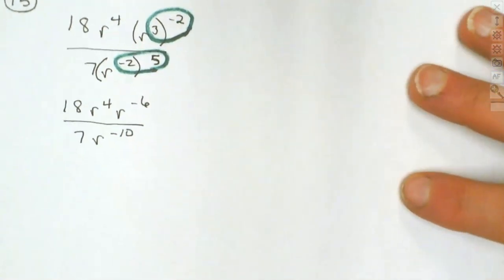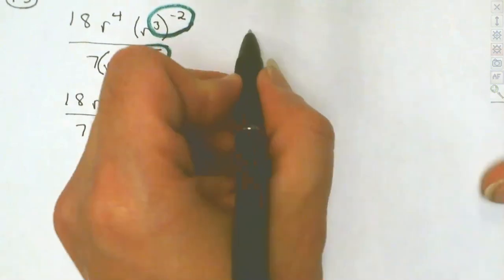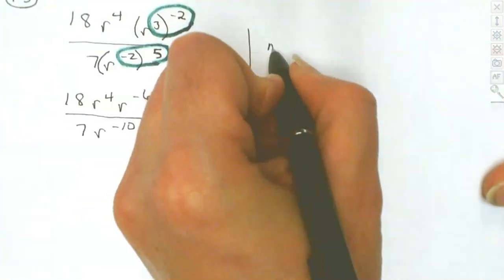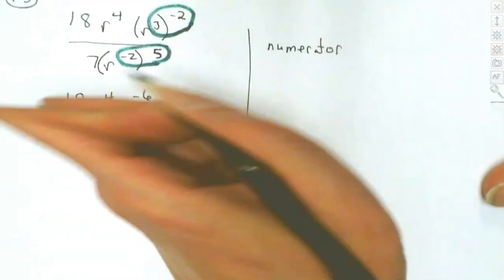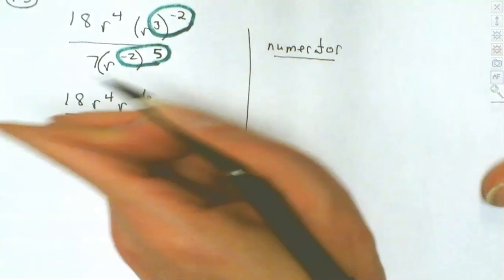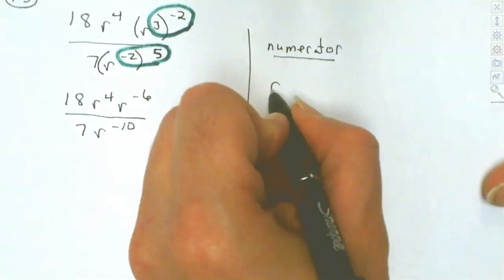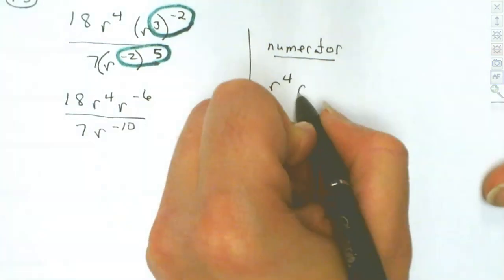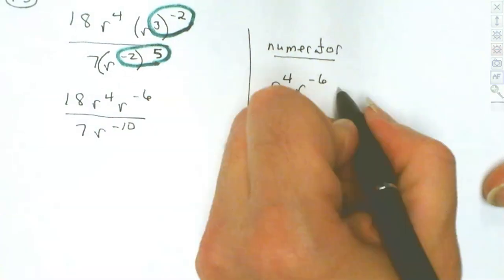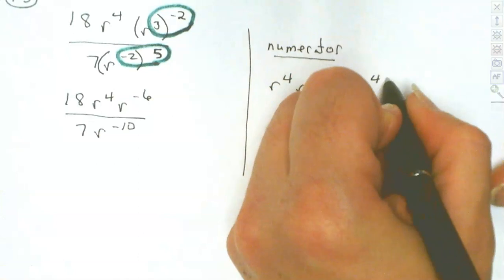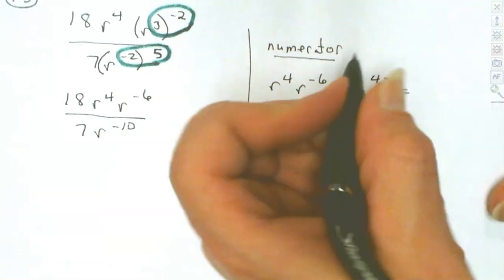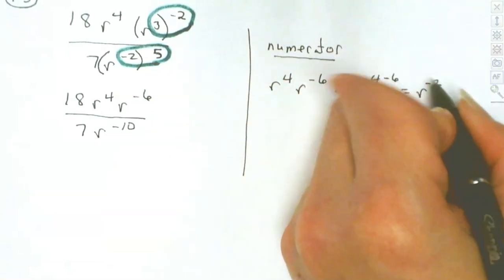For the next part, I'm going to break it up, and I'm going to look at the numerator of the top half. What do we have in our numerator for the r's? We have an r to the fourth, r to the negative sixth, so those can go together. And that's r to the 4 minus 6, which is then r to the negative second power.